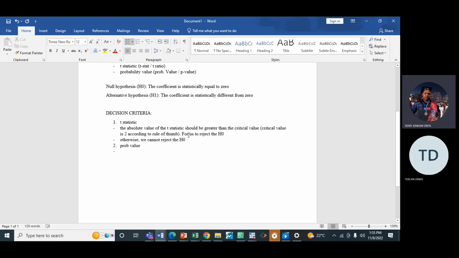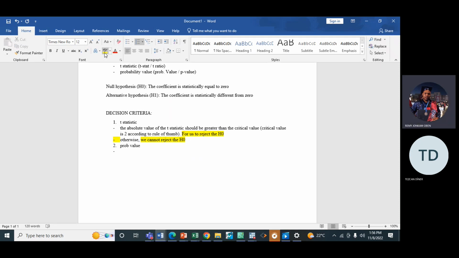What I'm telling you is that for us to reject the null, this condition must hold. The absolute value of the T statistic should be around 2 or greater than 2. If it happens that way, then we can reject the null. But if the absolute value of the T statistic is less than 2, really less than 2, then we cannot reject the null.